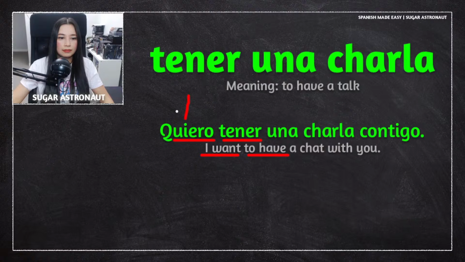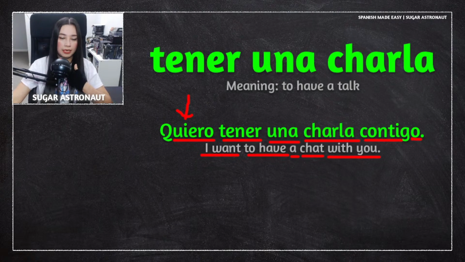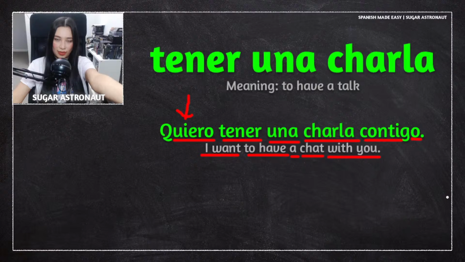Quiero, similar to I want to. Tener, have. Una, a. Charla, chat. Contigo. We talked about this word already. Contigo means with you. Conmigo, with me. Contigo, with you. Okay?